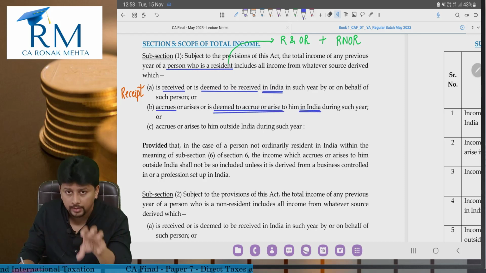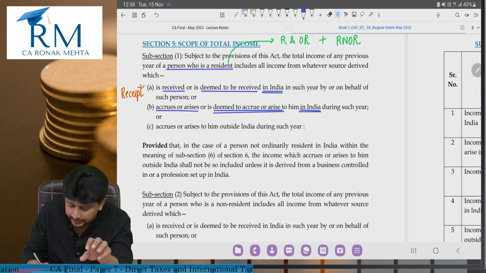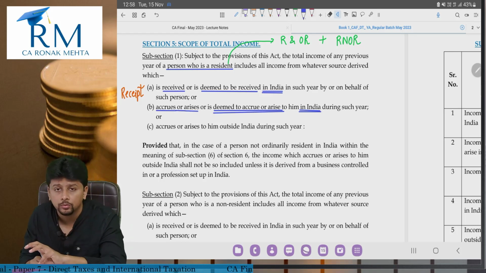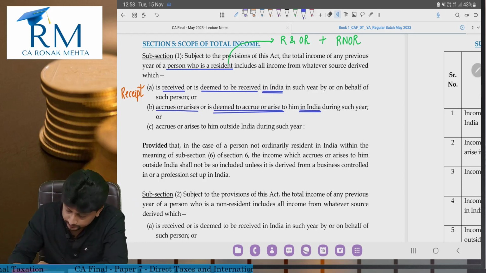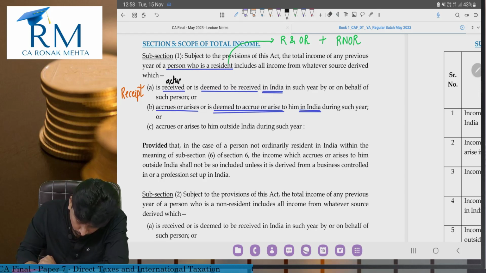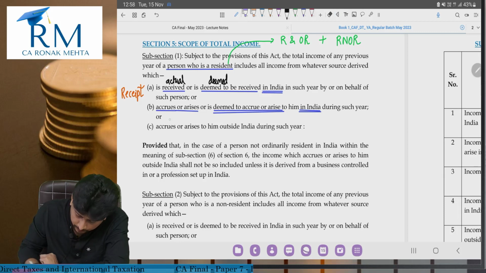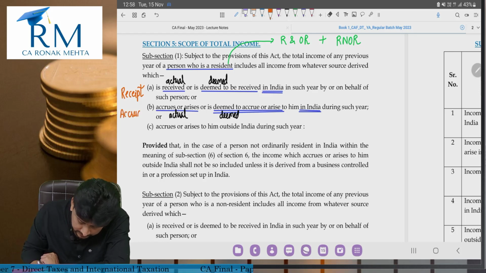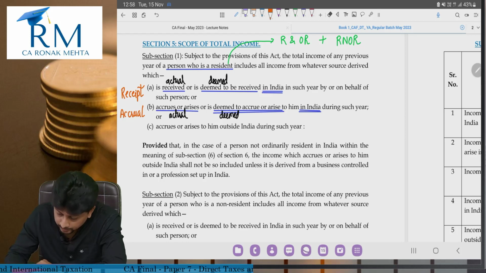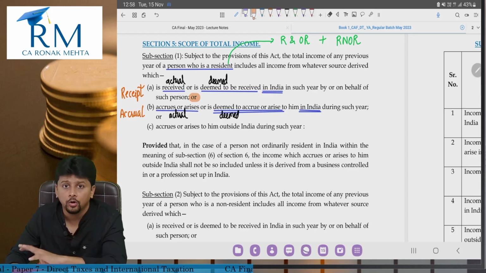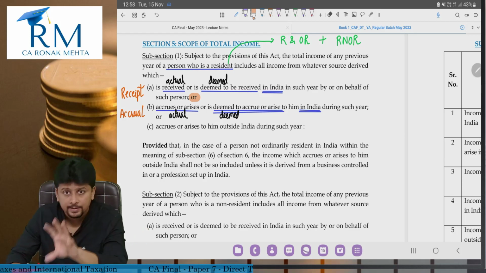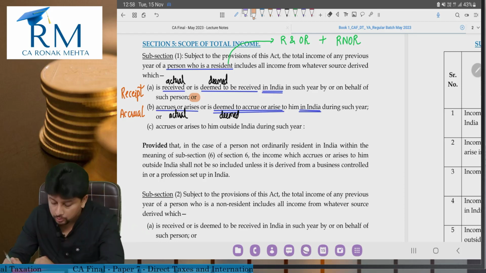One is talking about actual accrual or actually arising in India, the other about deemed to accrue or arise in India. Like in point A, where we were talking about actual receipt or deemed to be received, here we are talking about actual accrual or deemed to be accrued. So the second criterion of taxing an assessee is accrual. And remember, the word written is or. So either on actual receipt or deemed receipt, or on actual accrual or deemed accrual.